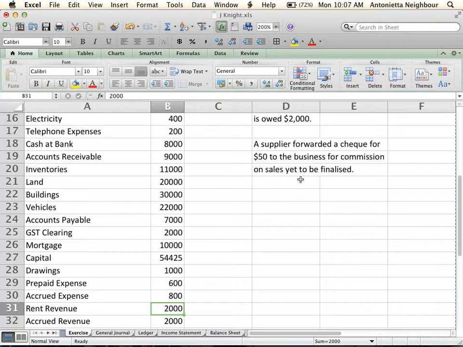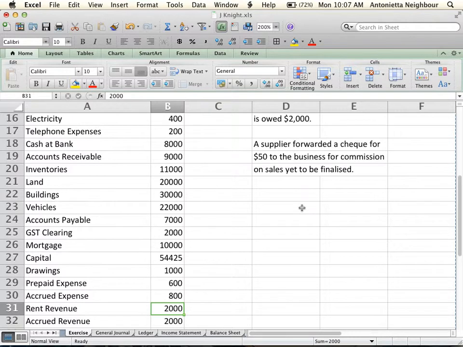A business will receive commission from people that we buy stock from, as an incentive to encourage our customers to buy their products. They'll pay us a commission, normally a percentage of how much we sell of their product. Now, we've received this $50, but we haven't finalised how many sales of that product we've actually sold.